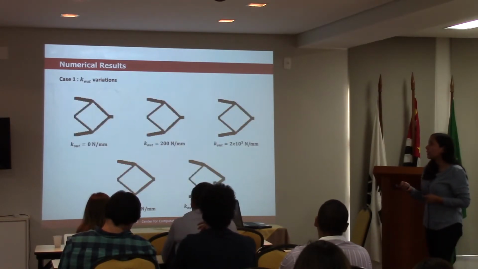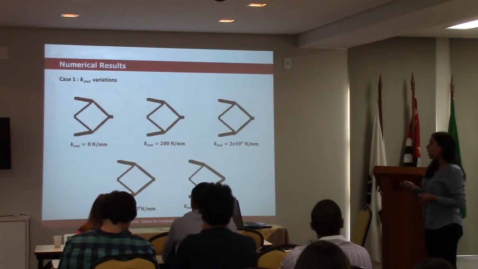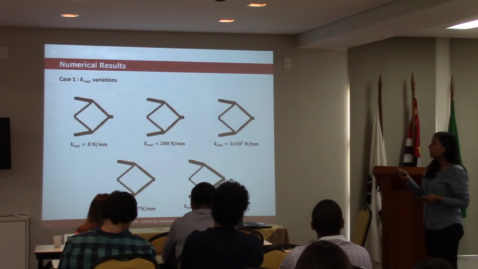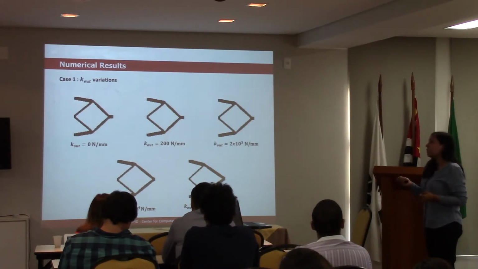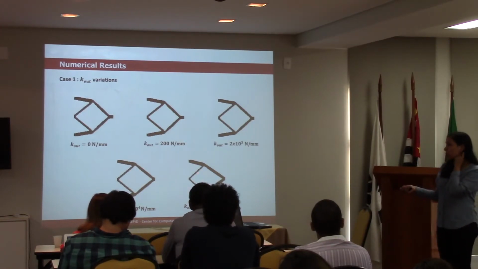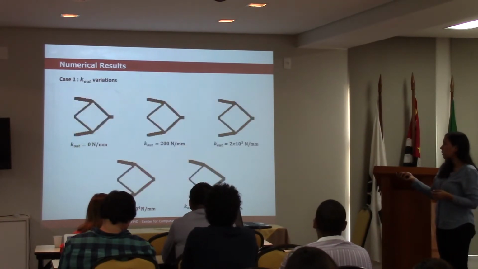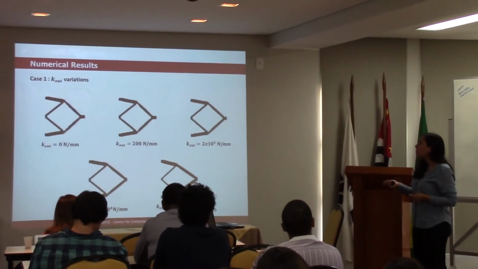Now we studied some of the parameters, especially the workpiece restriction, to see how it behaves. We didn't find significant changes. As we can see, this is the maximum value that we could achieve until it kind of breaks. It cannot hold that kind of force anymore.